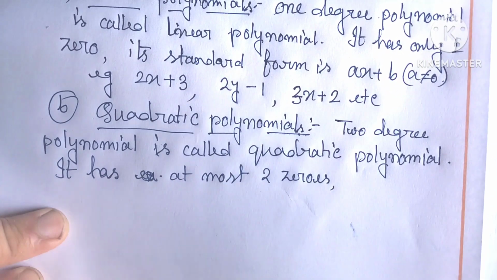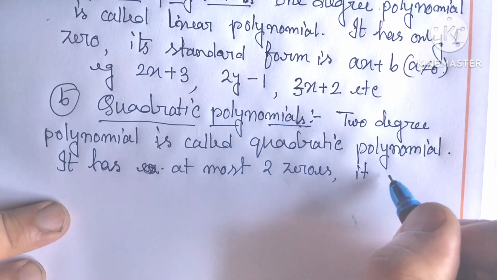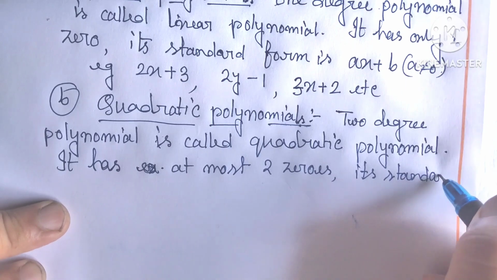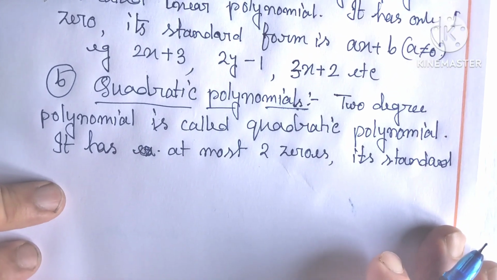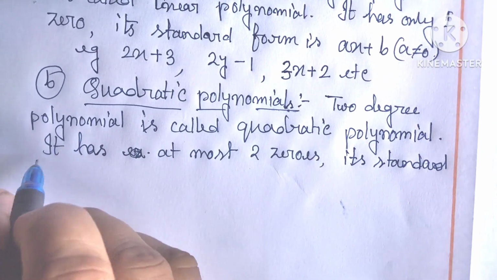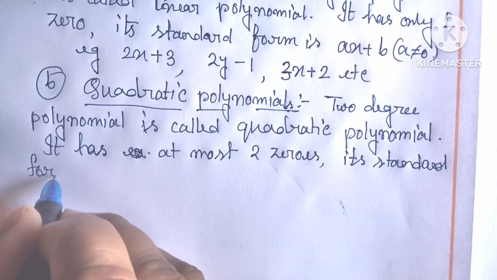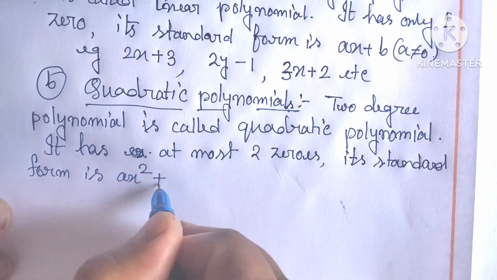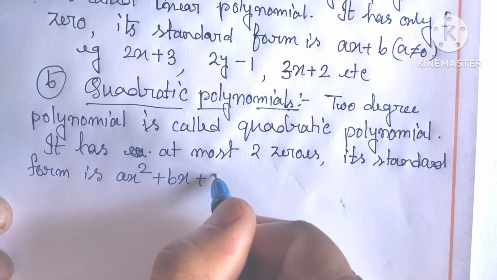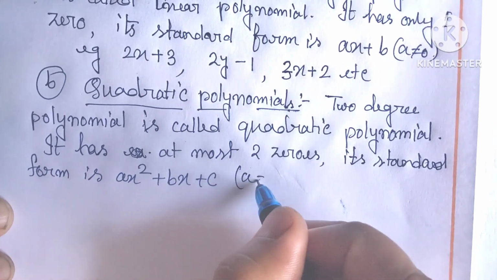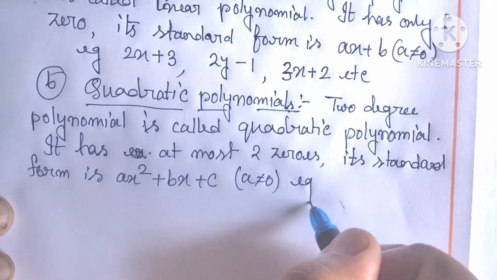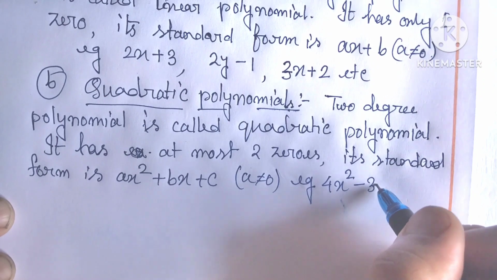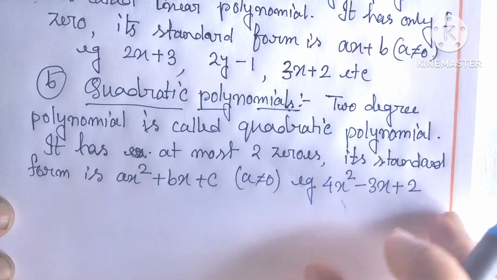Its standard form is ax square plus bx plus c, where a is not equal to 0. For example, 4x square minus 3x plus 2.